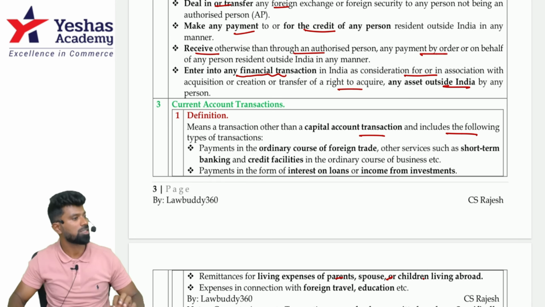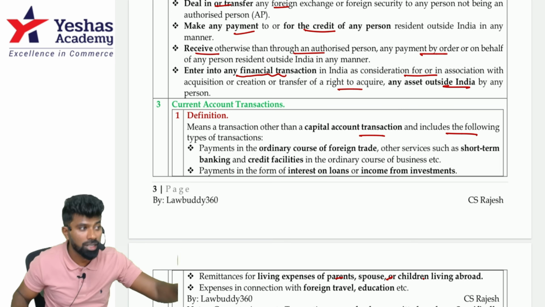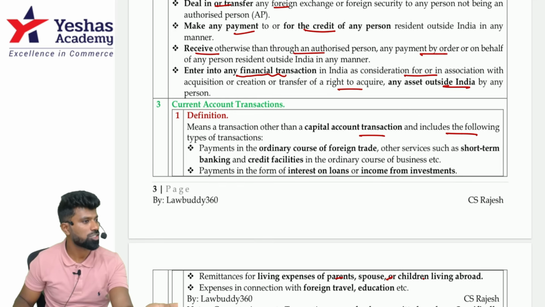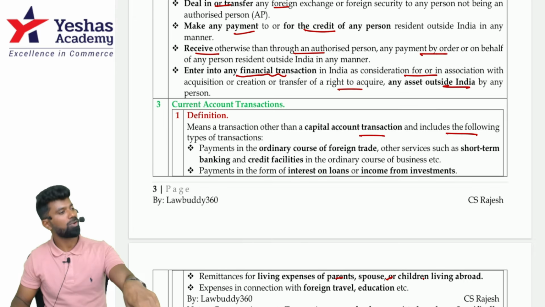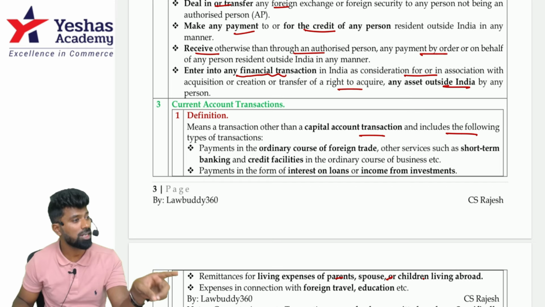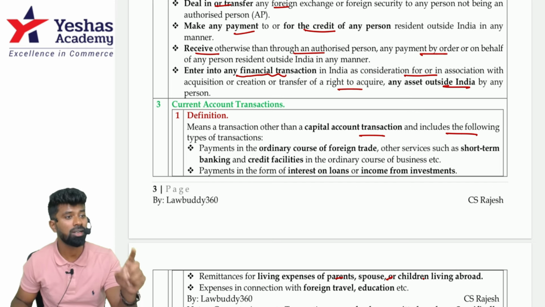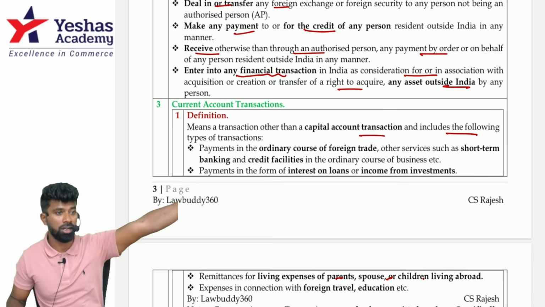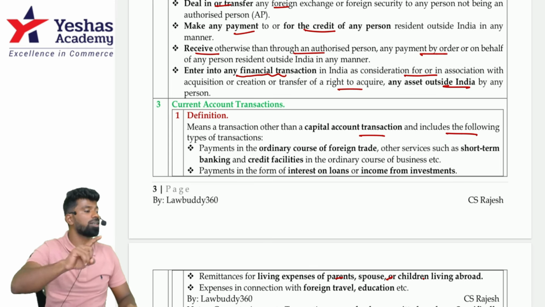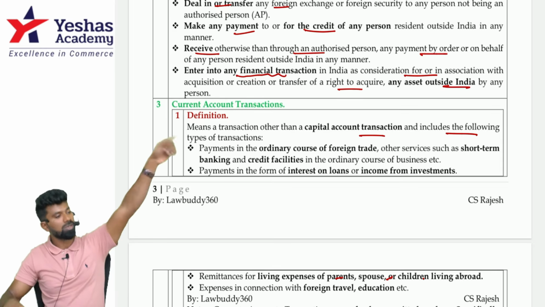What is current account transaction? Any transaction other than capital account transaction. And what is capital account transaction? Any transaction which alters an asset or liability for a person resident in India, where? Outside India, including contingent liability. But it is one for the person who is outside India.